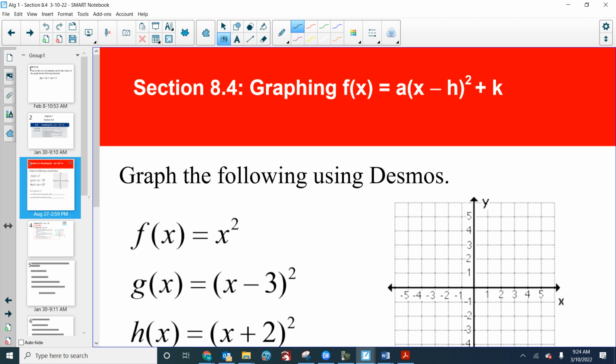And while you're waiting to get your notes, go ahead and get your computers open and get on Desmos calculator. Just kind of leave the Desmos graphing calculator up.